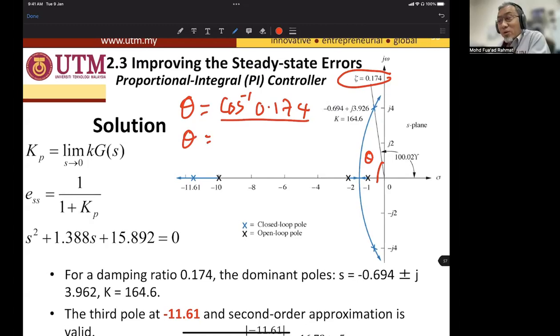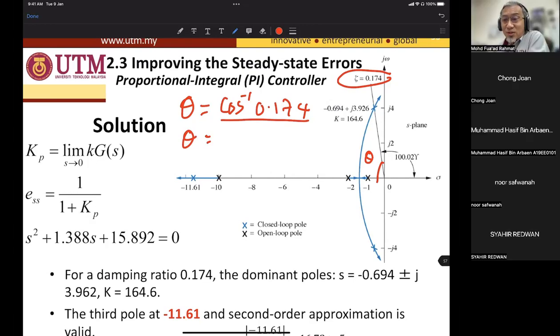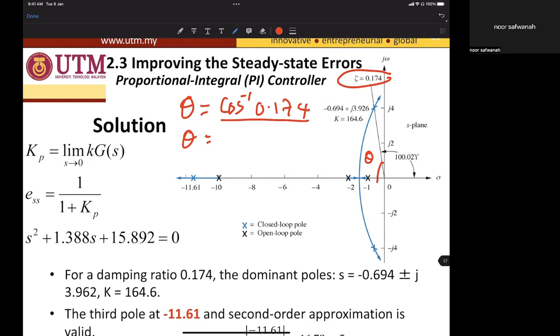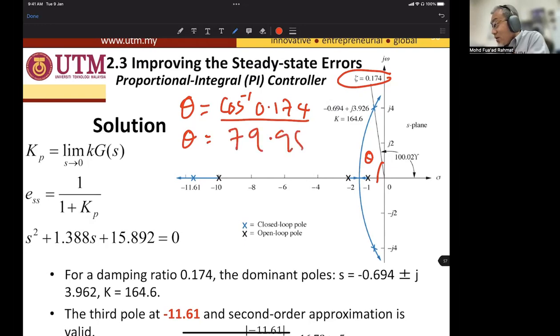Inverse cos 0.174. Sorry, I have a cough, not feeling well, Doctor. 79.97, 79.98. Thank you.